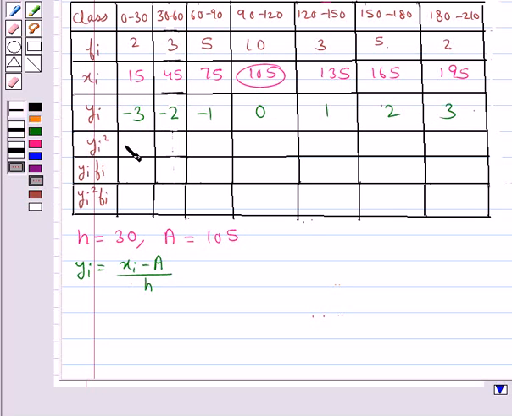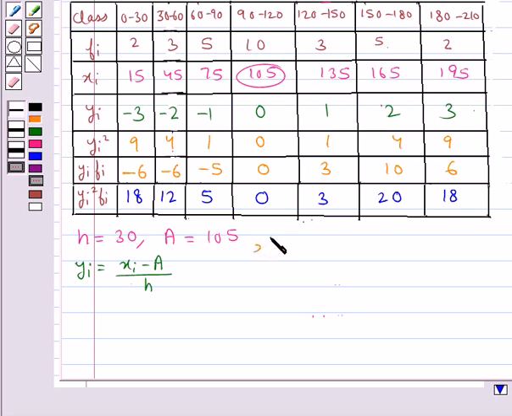Yi square is given by 9, 4, 1, 0, 1, 4, 9. Now yi into fi is given by minus 6, minus 6, minus 5, 0, 3, 10, 6. Now yi square into fi is given by 18, 12, 5, 0, 3, 20, 18.